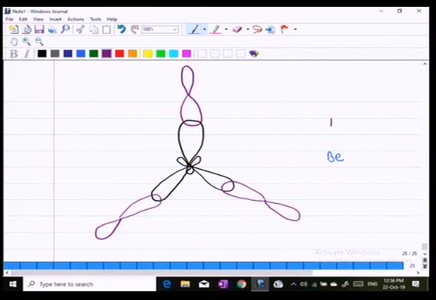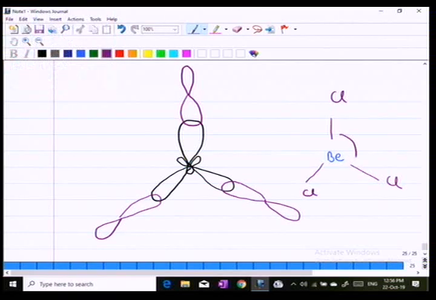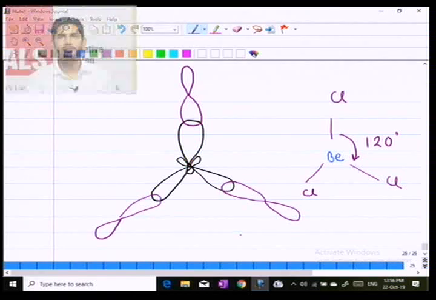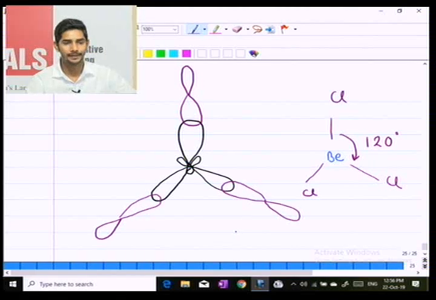Guys, look at this. Chlorine, chlorine, and chlorine. And bond angle was 120 degrees. This is how we draw the BCl3. Clear? We can draw the phases as well.